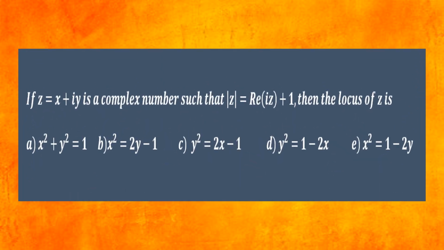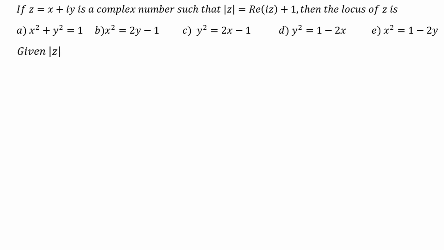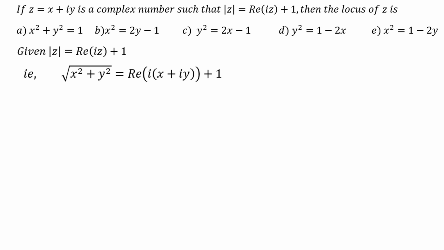Next question. If z equal to x plus iy is a complex number such that mod z equal to real part of (iz plus 1), then the locus of z is: choices x square plus y square equal to 1, x square equal to 2y minus 1, y square equal to 2x minus 1, y square equal to 1 minus 2x, x square equal to 1 minus 2y. Here given mod z equal to real part of (iz plus 1), that is mod z is root of x square plus y square equal to real part of (i into (x plus iy) plus 1).